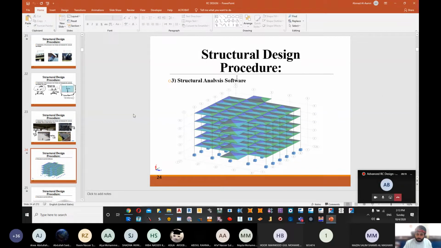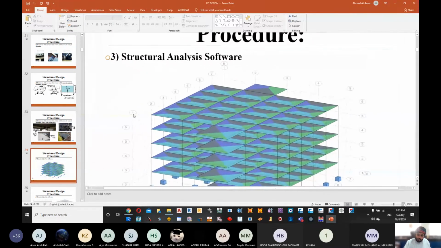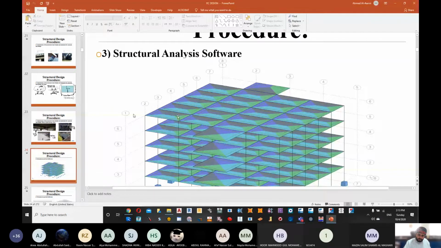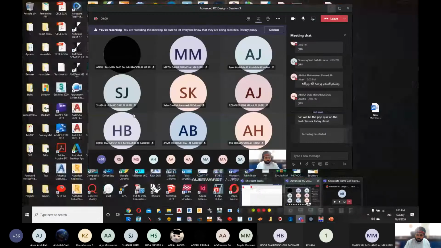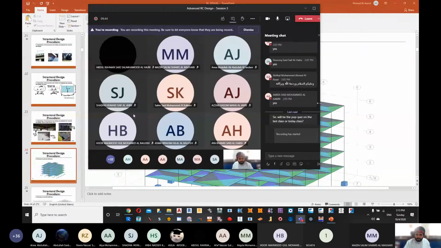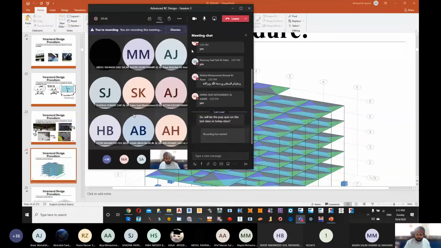If you can see in this particular example, this is Robot Structural Analysis, and here we have different yield lines. You have studied yield line, right? You have studied yield line in the theory of structures too.